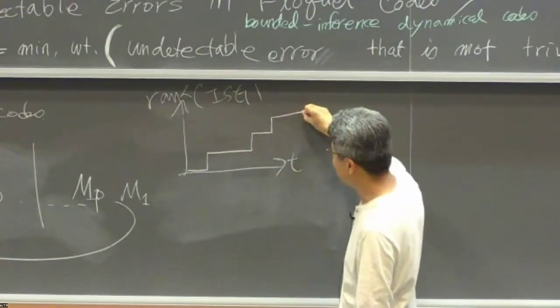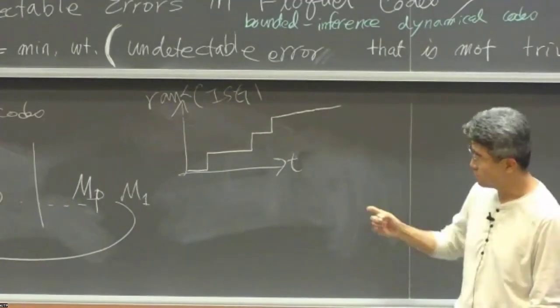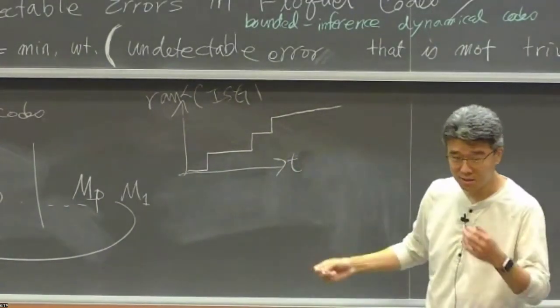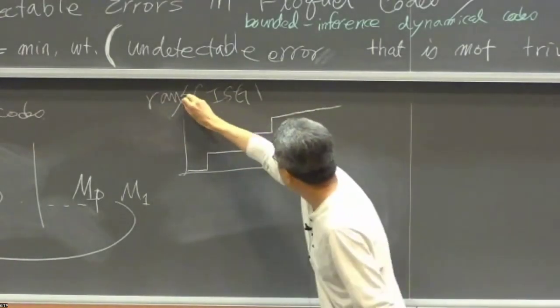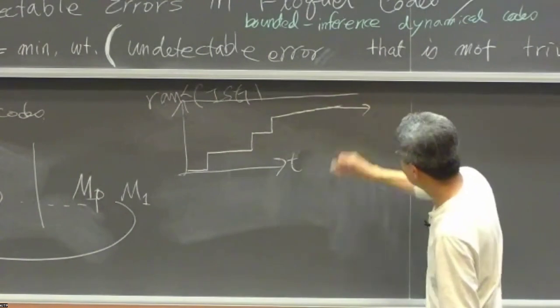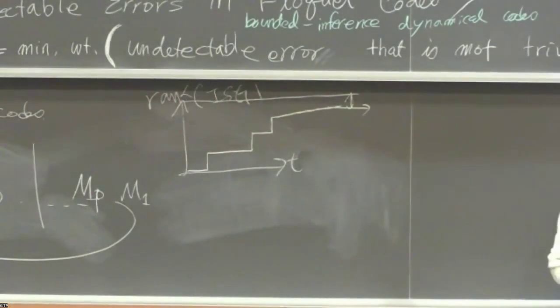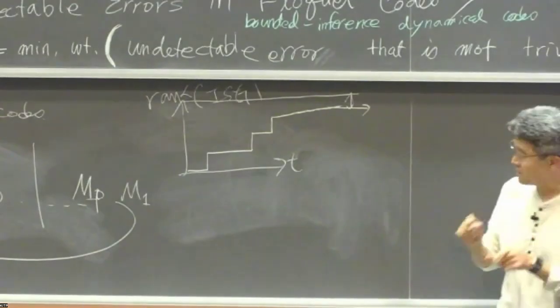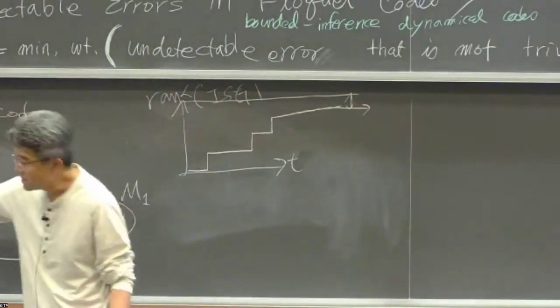And my dynamical code, or a more general class than the Floquet code, will encode a logical qubit if this asymptotic value is not the maximum possible. If it hits the rank n, then you are immediately in the pure state. If it's smaller than that, then there are some elements left in this originally completely mixed state.